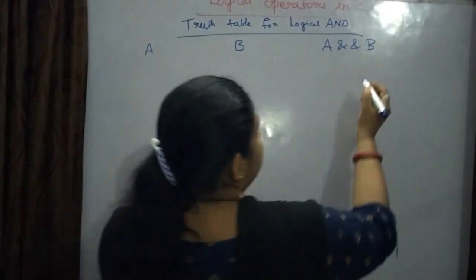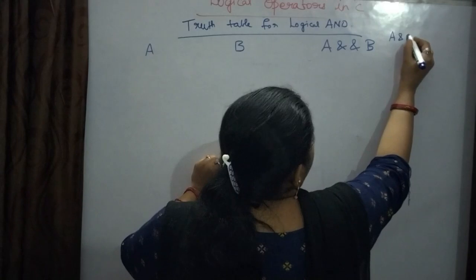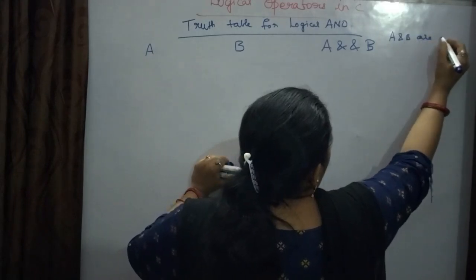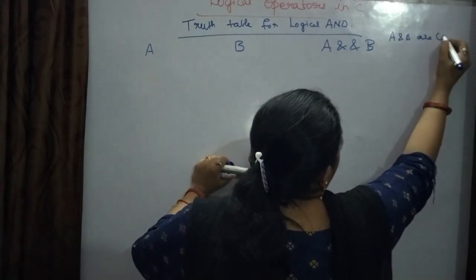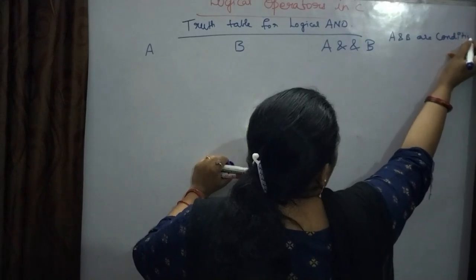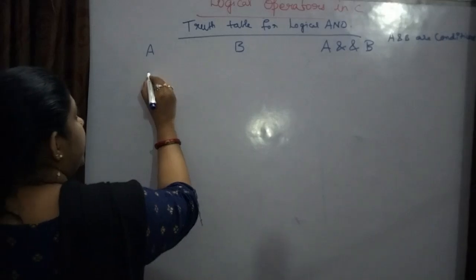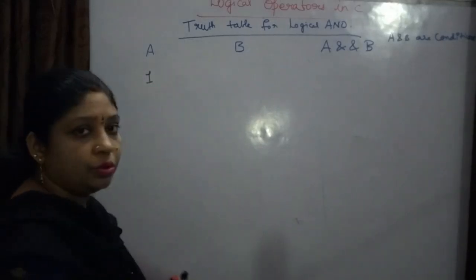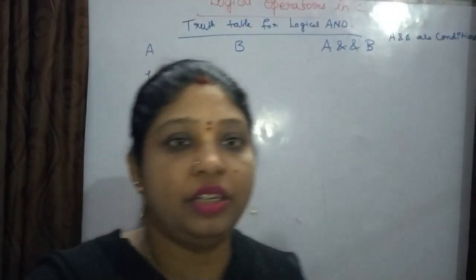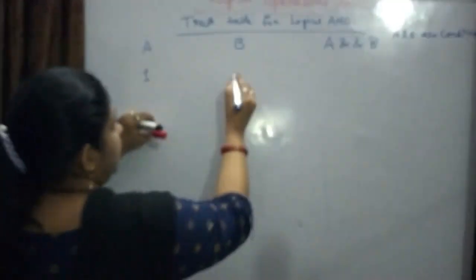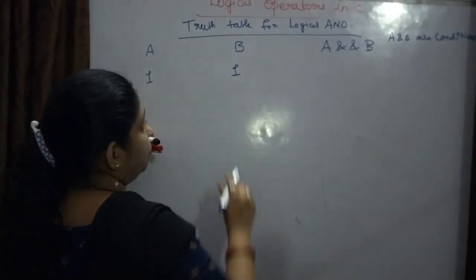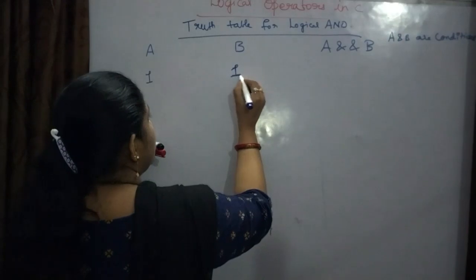Suppose A is true, meaning one condition is true, and B is also true.